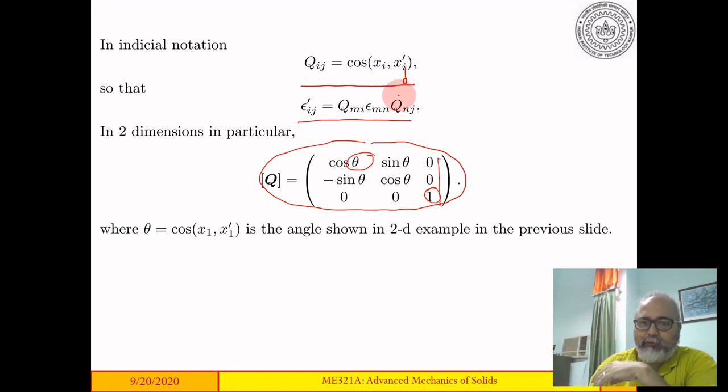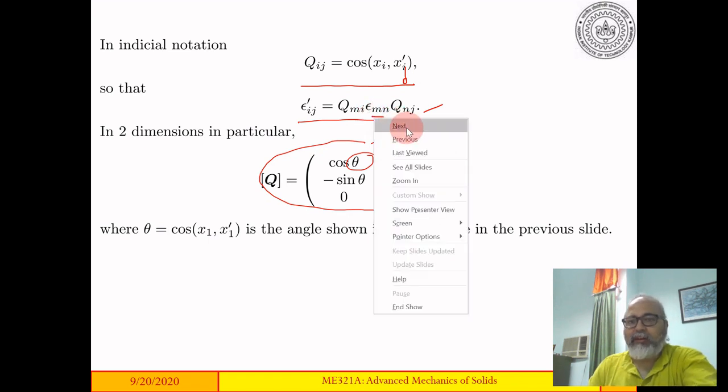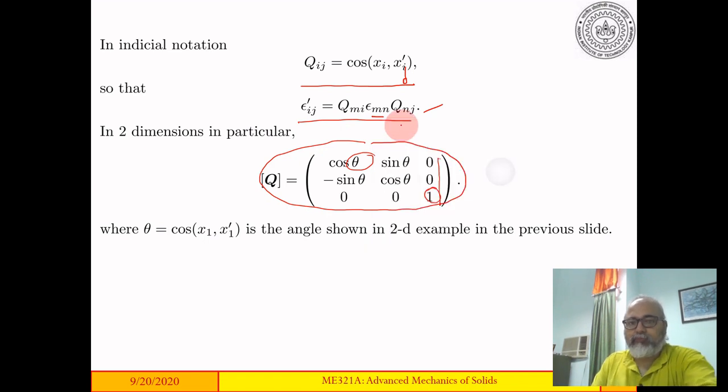For 3-dimensional transformations, you have to use this. Remember the order of the indices. These are the old components, and these are the new. M comes first, I comes next, N comes first, J comes next.